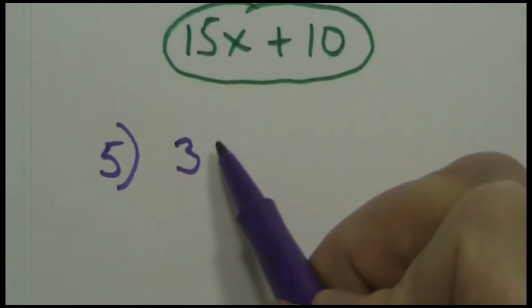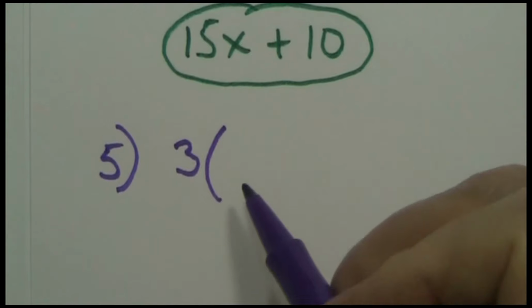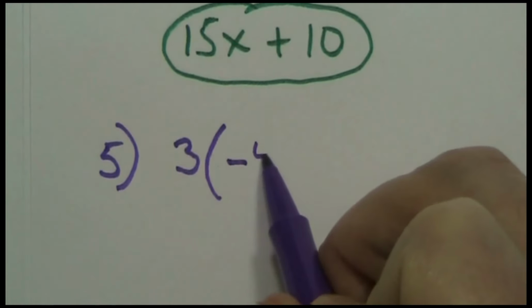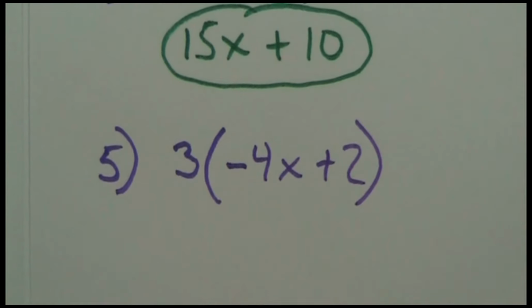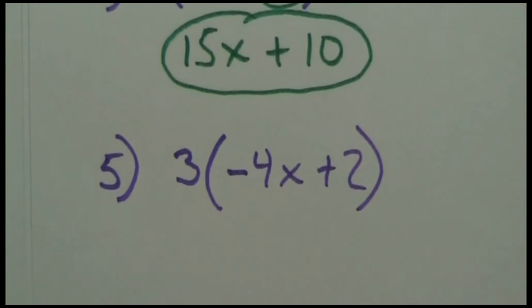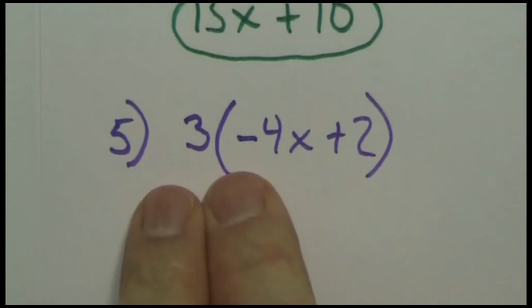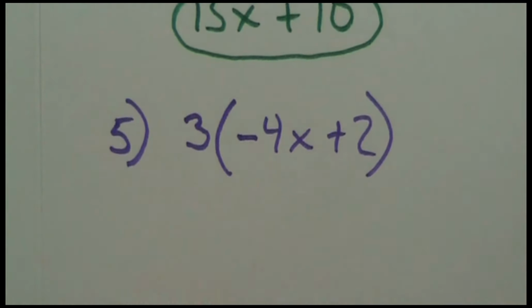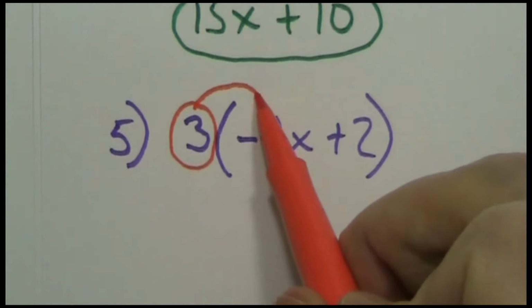Okay, the next one, number 5. 3's on the outside. Then we have negative 4x plus 2. So we're going to repeat this expression 3 times. So I'll take the outside times each one inside.